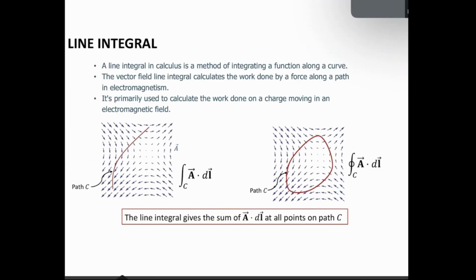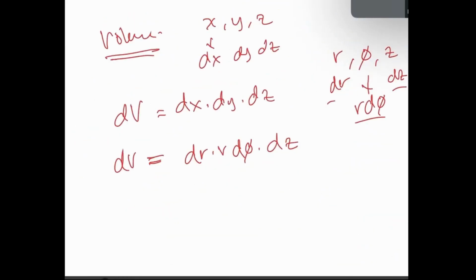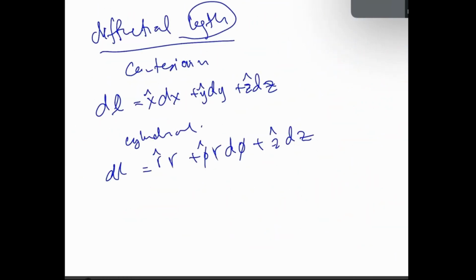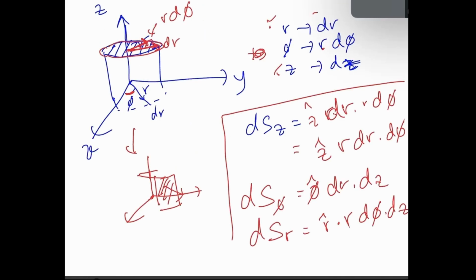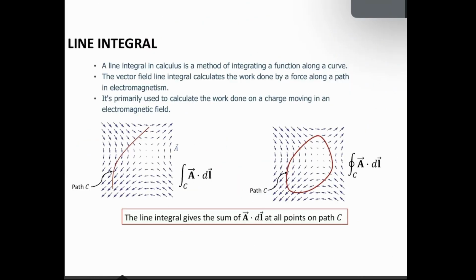That is differential length, differential surface area, and differential volume for Cartesian, for cylindrical, and for spherical.